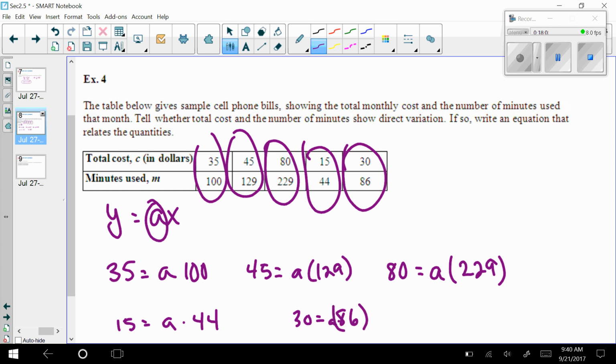So if I solve for my A's, to do that, we'll isolate the variable. So in this first one, we'll divide both sides by 35, and we get A equals 0.35. For the second one, 45 divided by 129, and you can do this in your calculator to check. I get A equals 0.349, which is pretty close to 0.35.